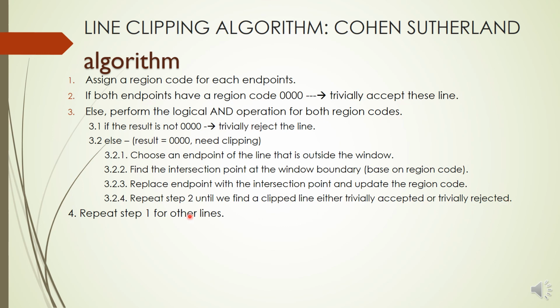Once we are done with this, we repeat step number 1 for other lines if there are other lines to check. If only one line is going through the clipping window, just one time only, no need to repeat. I hope you understand this Cohen-Sutherland line clipping algorithm.